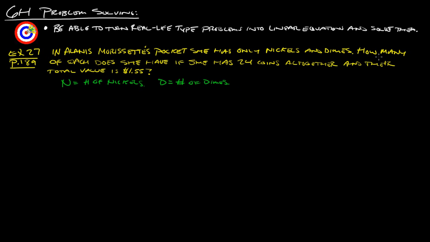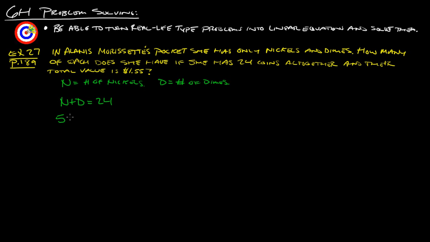Alright, so it says how many of each does she have if she has 24 coins altogether, so we know that the number of nickels plus the number of dimes is going to equal 24. And we also know that the total value of all the coins in her pocket is $1.55.